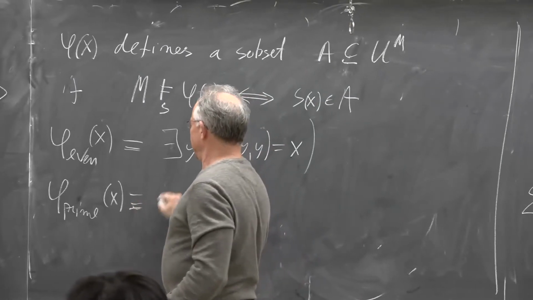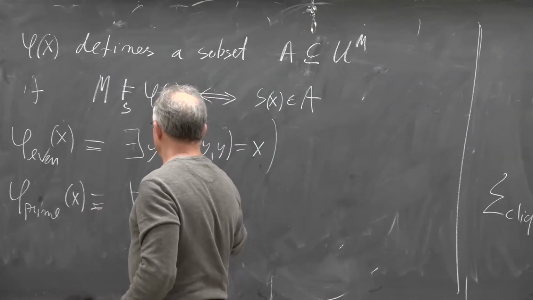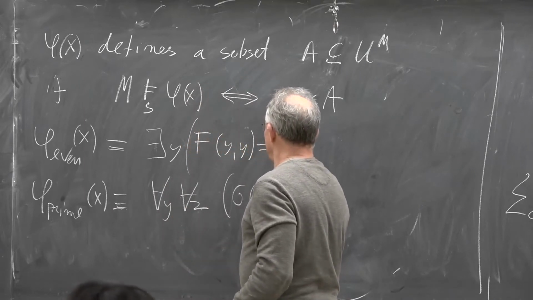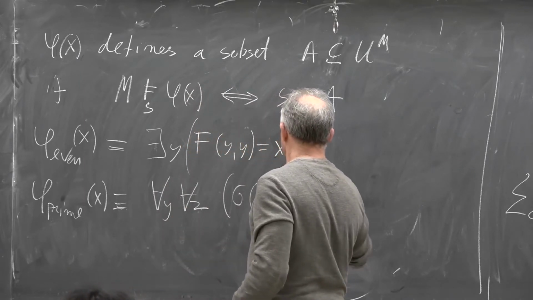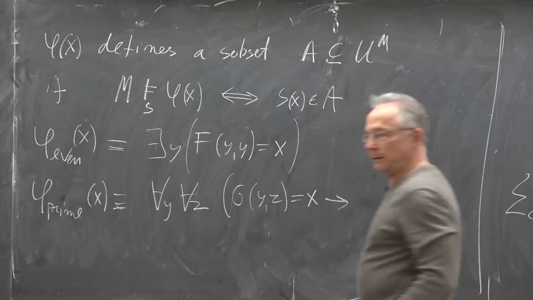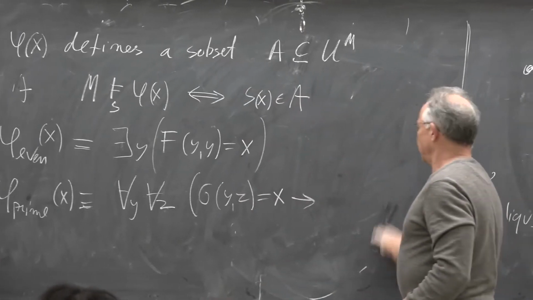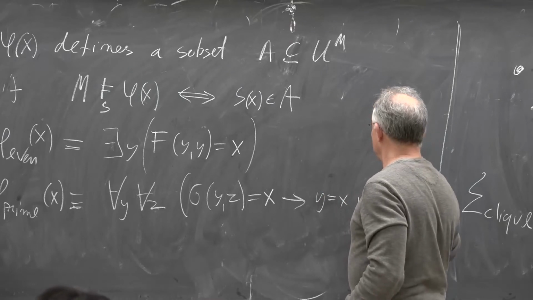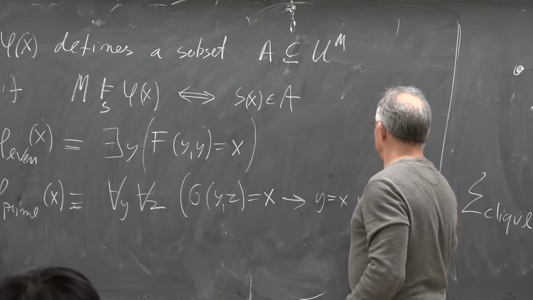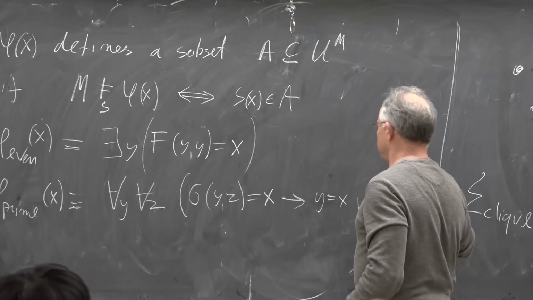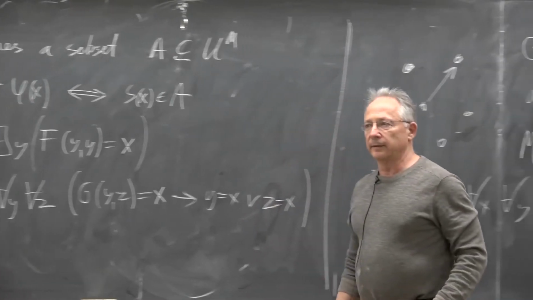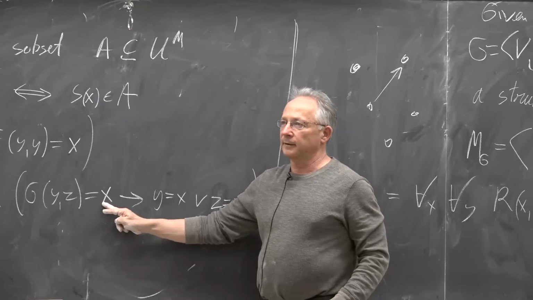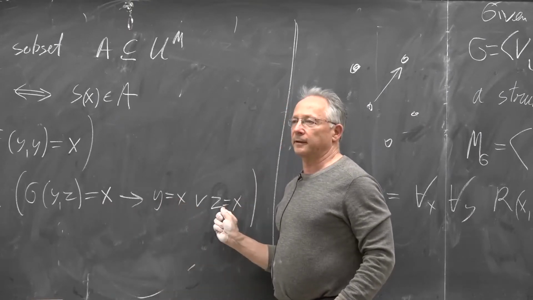So we can say for all y, for all z, if g y z equals x, then y equals x or z equals x, right? If I multiply two numbers and get x, then one of them should be x itself.